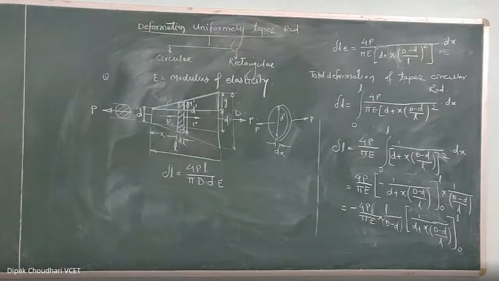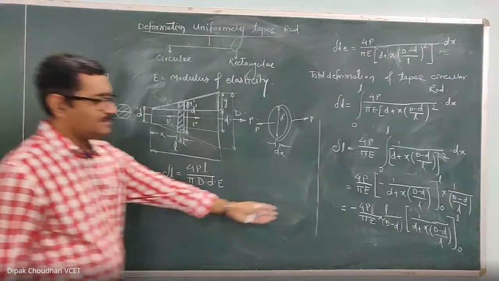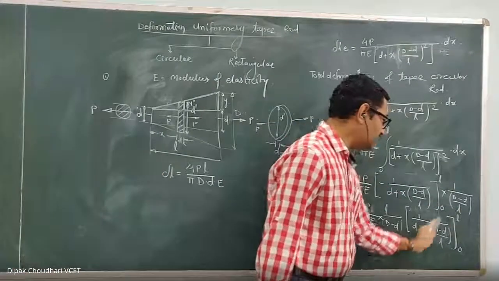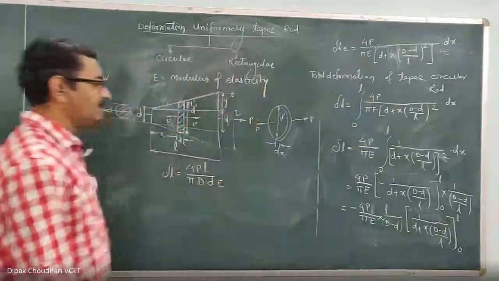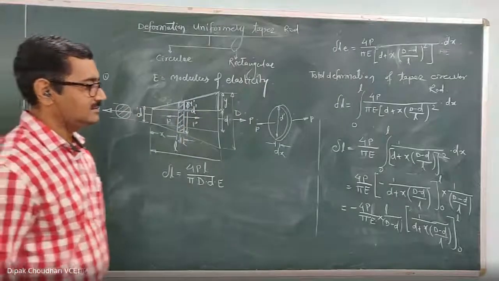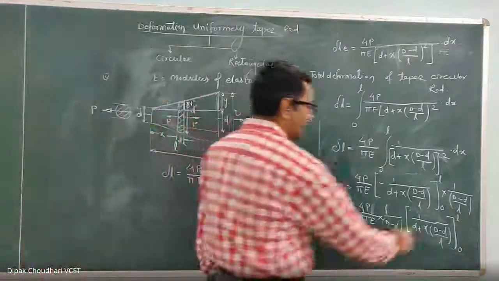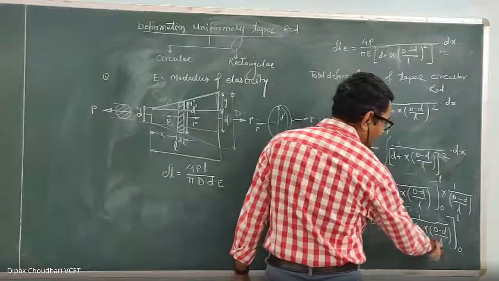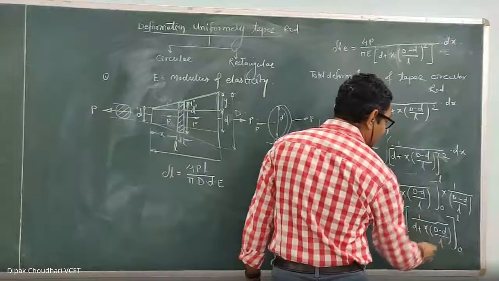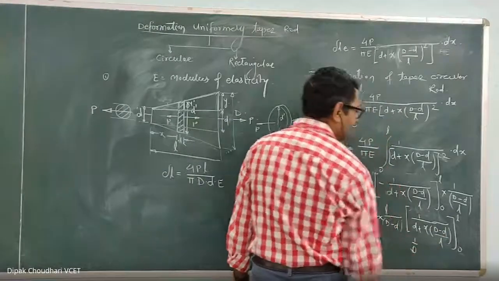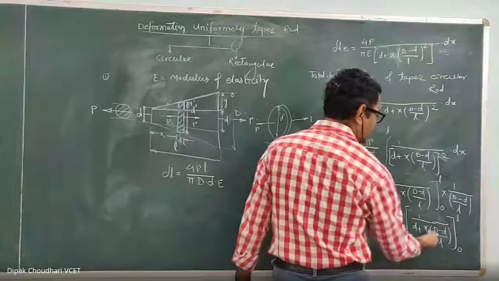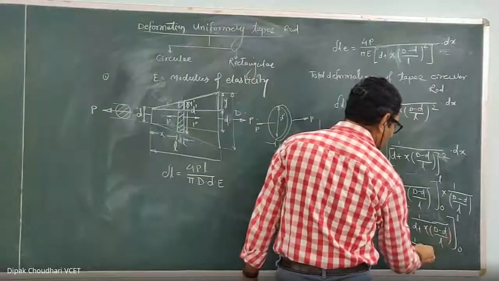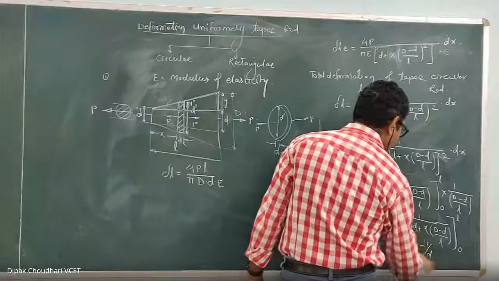Here just simplify. Now the simplification is not that difficult. Substitute the limit here and you will get it. If you substitute this L here, then this L gets cancelled, this D gets cancelled, you will get 1 upon D here. And if you substitute the lower limit, x equal to 0, this term becomes 0 minus 1 upon d.